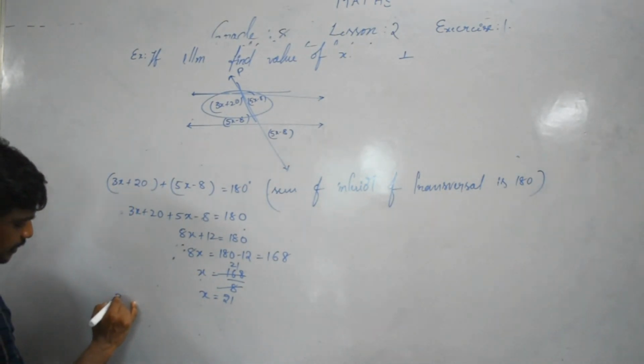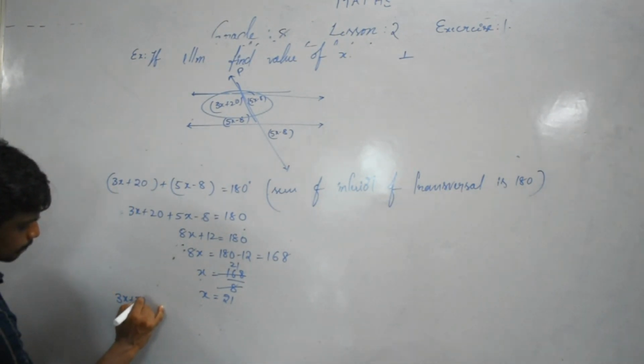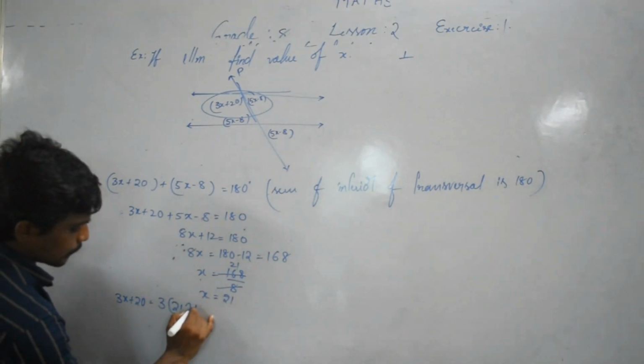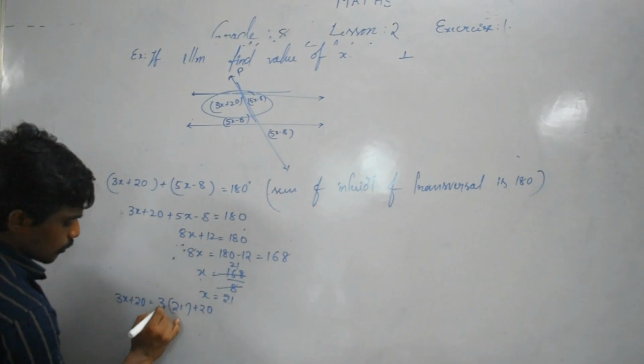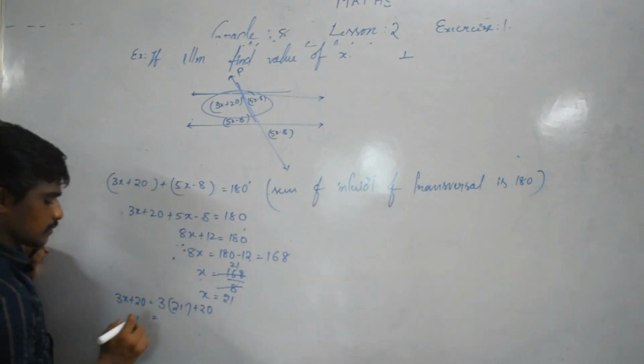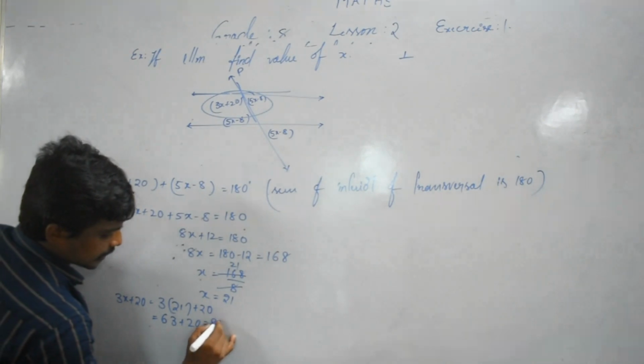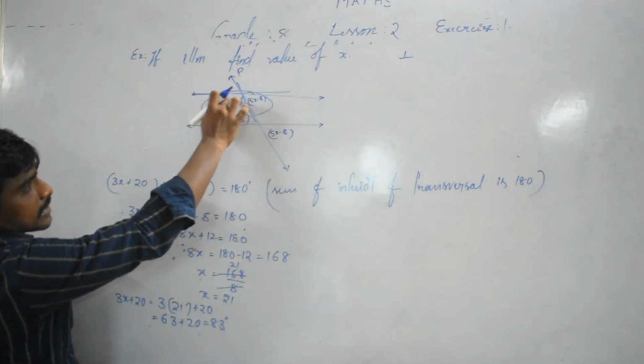So 3x plus 20: 3 times 21 is 63, plus 20 is 83 degrees. So this is 83.